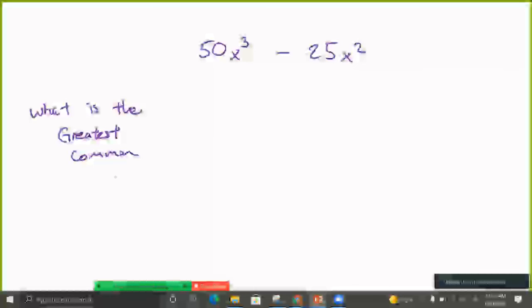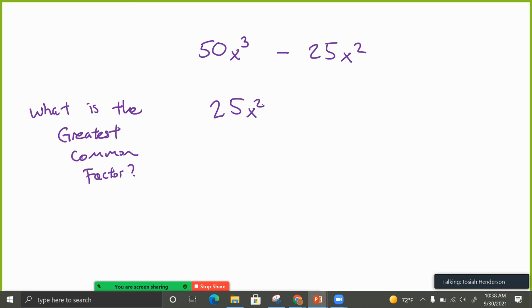In other words, what can we factor out of these? 25. Okay, very good. Yeah, I can take out 25. How about x's? What's the greatest number of x's I could take out? 2. And we say that as x to the second or x squared. Good. So for this example, the GCF, and thank you for helping me out, is 25x to the second power.